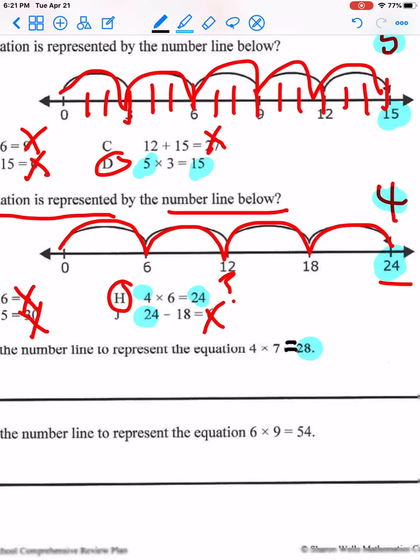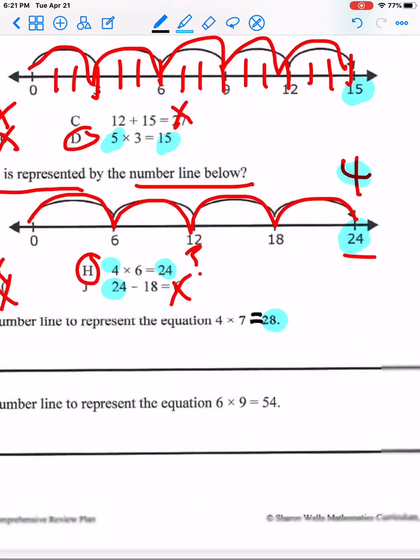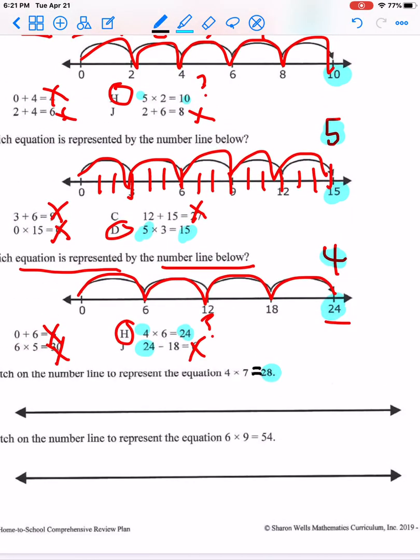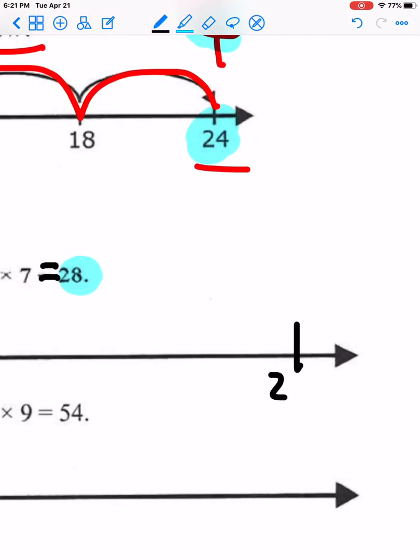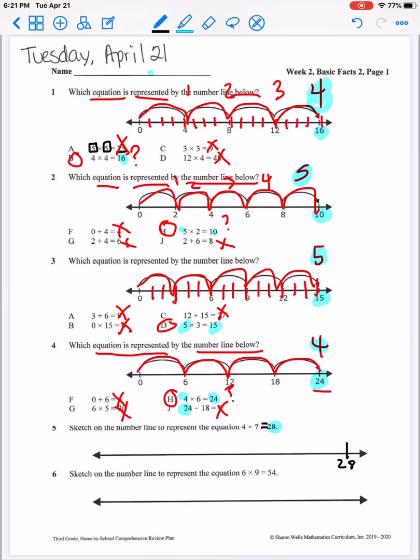All right, so I know that the total on this number line is going to be 28. And I know that I am going to skip 4 times.